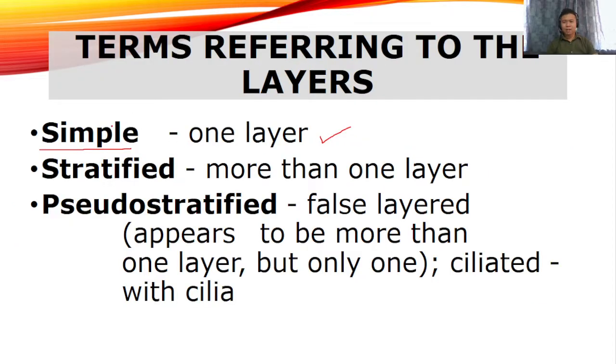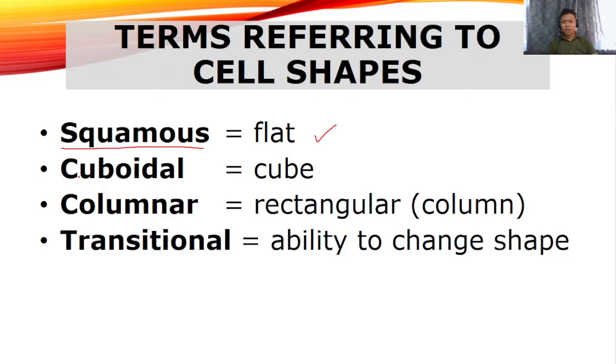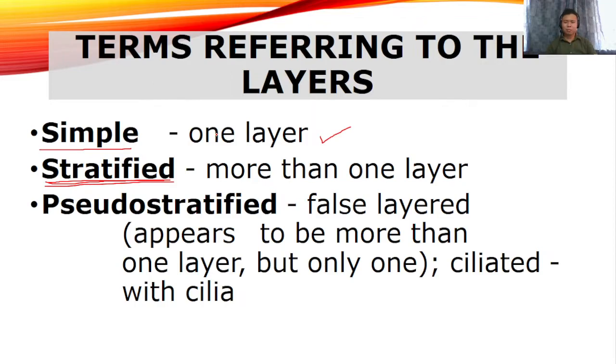Next, we have the stratified squamous. How about we have stratified cuboidal. Talking about stratified cuboidal, the word itself says that it contains two or more layers, meaning more than one layer.